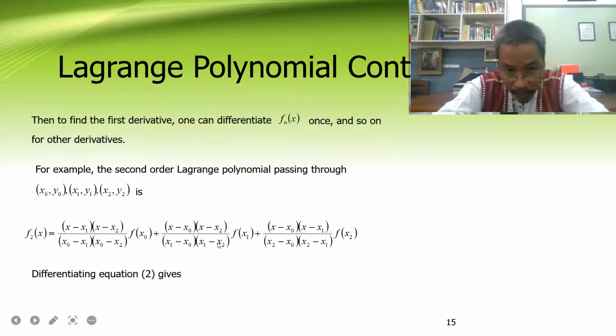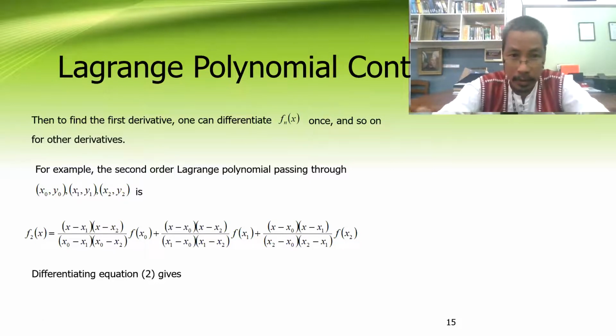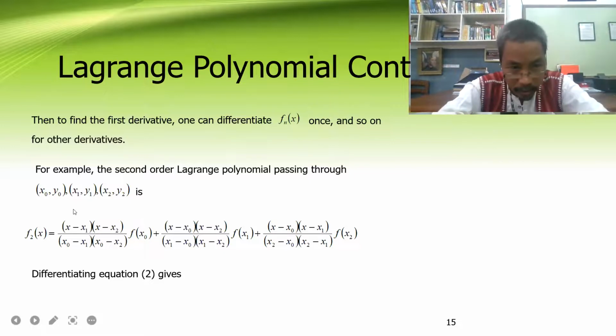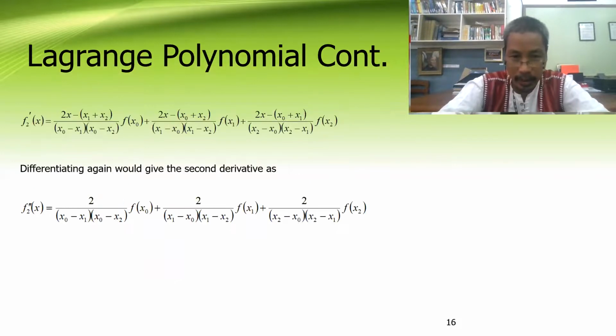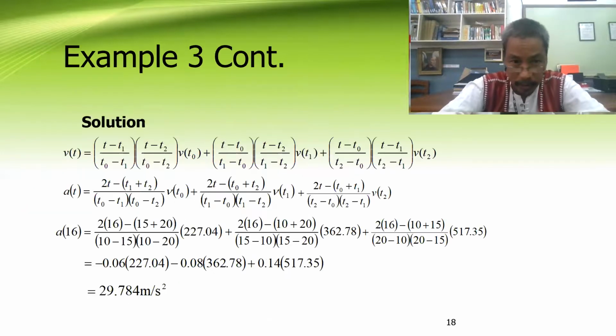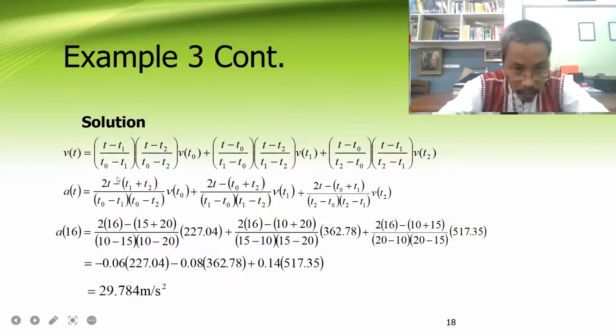This rational function is the Li. This is the L0, L1, and L2. Okay? Because we are using the second order Lagrange polynomial, L0, L1, L2. We have L0, L1, and L2. Okay? Don't be afraid. This is very simple. Very simple. And in actual problem solving, Li is this one, this one, this one, this one.